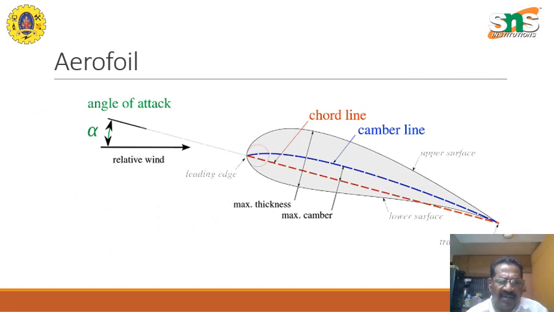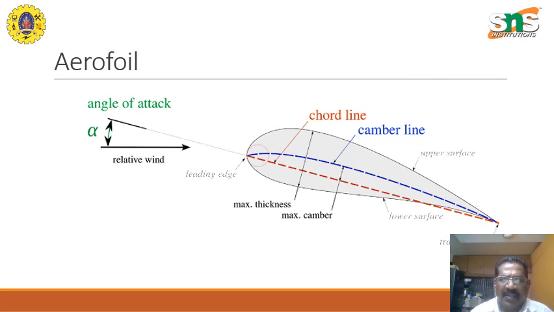Now we'll look at the various nomenclature of the aerofoil. This is the angle of attack, as we said in the previous slide. This is the chord line, the line joining the leading edge and the trailing edge. On the aerofoil, we have the upper surface and the lower surface. The upper surface is slightly larger than the lower surface.